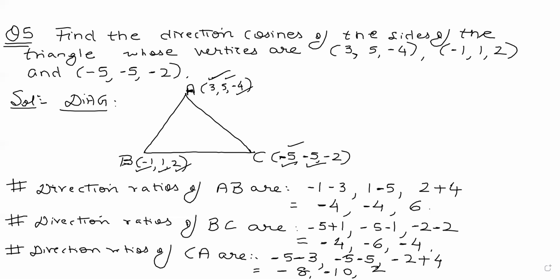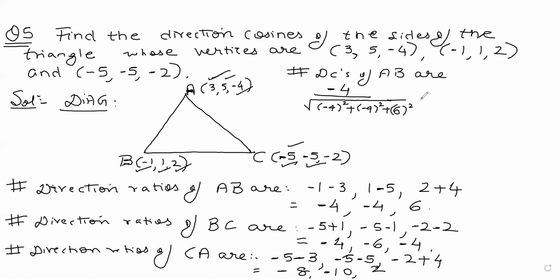Okay, so this is what we get. Now, once we have got the direction ratios, we can quickly find the direction cosines. So direction cosines of AB are minus 4 upon the square root of (minus 4) square plus (minus 4) square plus 6 square, comma, again minus 4 upon the square root of (minus 4) square plus (minus 4) square plus 6 square.